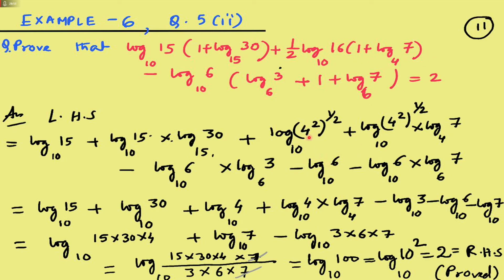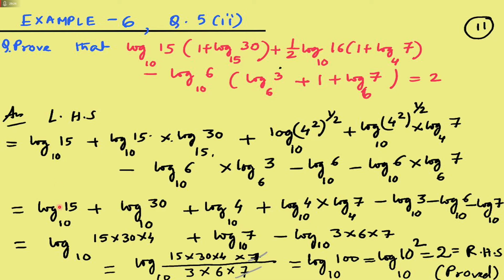Okay, that means there are two steps in one line. So next line you will have plus log 4 square to the power half into log 7 base 4, and this will give you log 6 base 10 into log 3 base 6 with minus sign, minus log 6 base 10 minus log 6 base 10 into log 7 base 6.